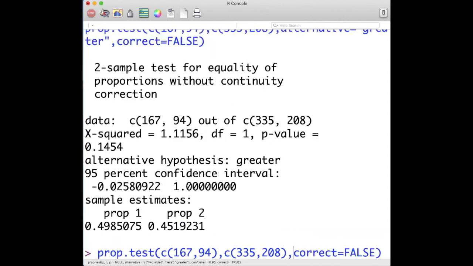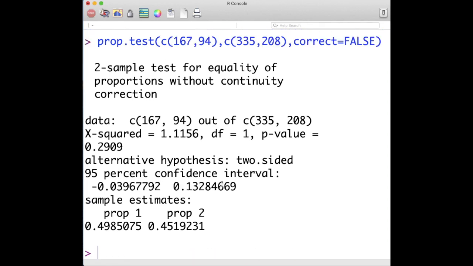This is by default going to give us a 95% confidence interval where it's two-sided. And so if we do that, we end up with the right confidence interval that we found in our example. So negative 0.0397 up to 0.1328. Okay, and so there is our 95% confidence interval.